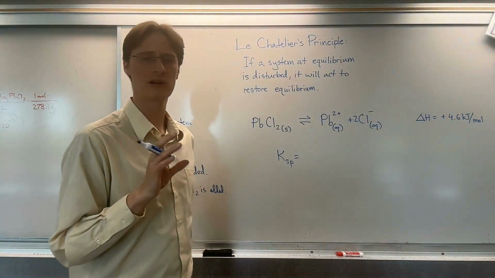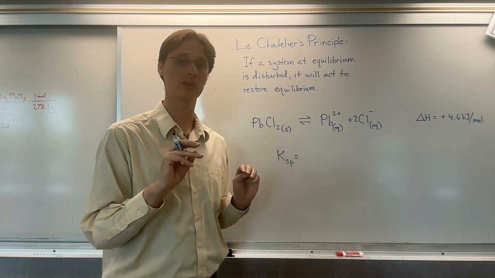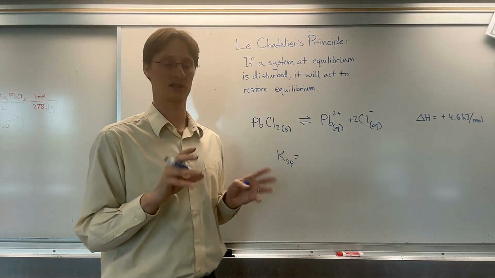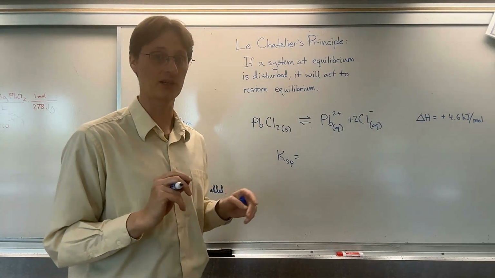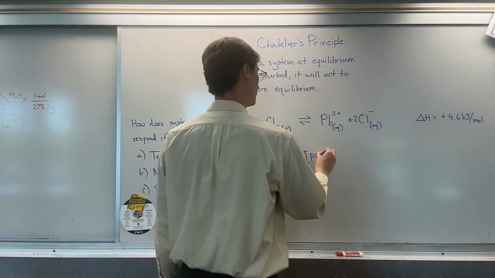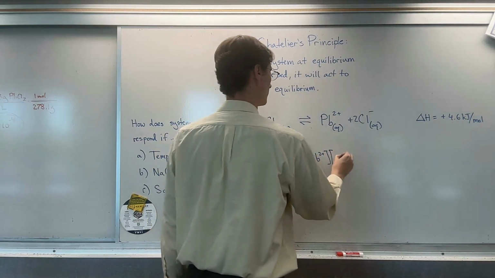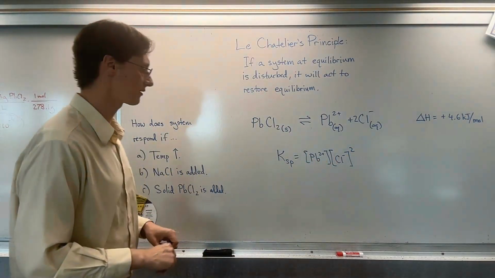Adding a substance is only going to affect the position of the equilibrium if it appears in the equilibrium expression. All right. So let's see. It would be Pb2+ times Cl- squared. Great. All right. Now let's answer the questions.